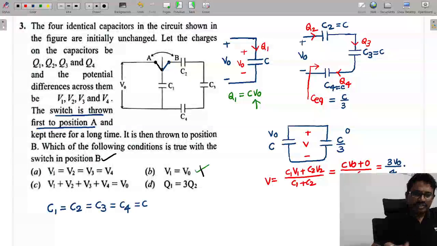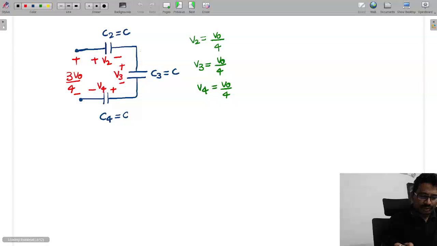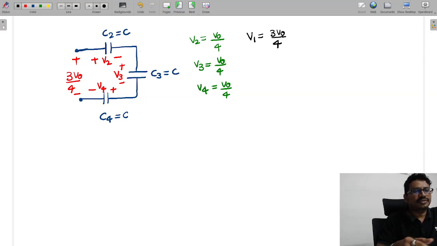Now you tell me, when the switch is in position B, V1 is how much here? V1 is 3 V0 by 4. So that's why this is wrong.